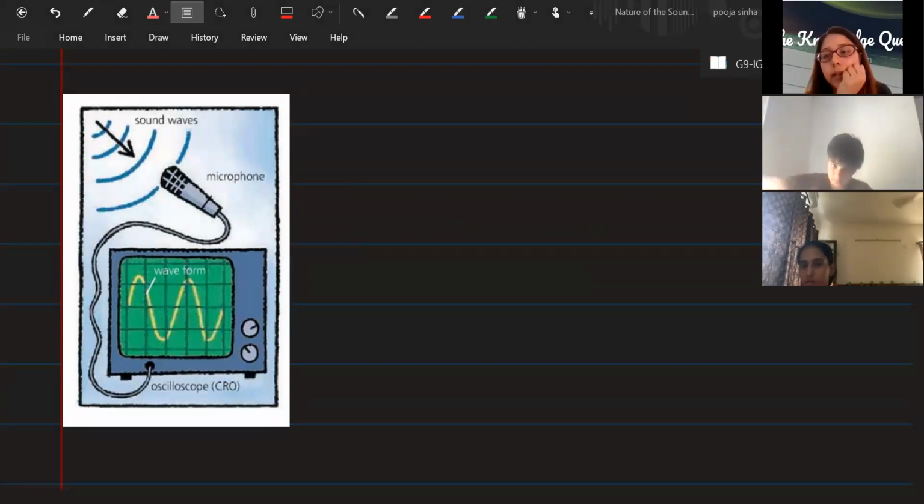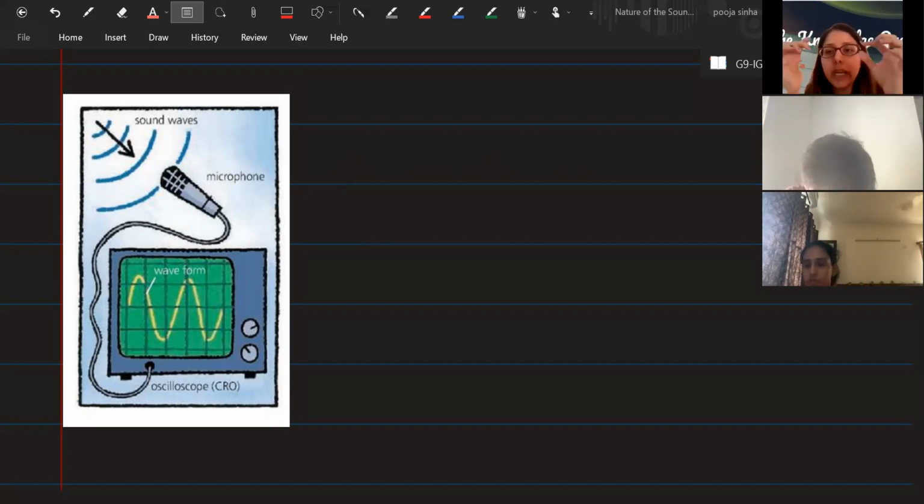What do you get on the screen? Waves. This instrument converts the sound you speak into waves, and you can see the waveform on the screen.